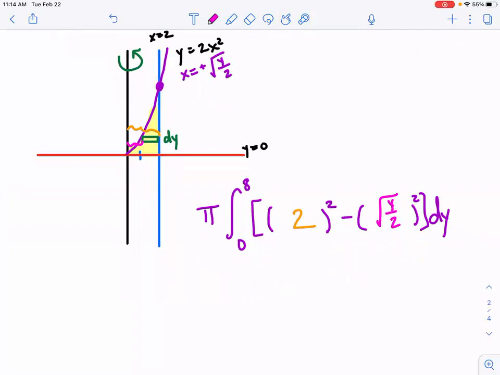Okay, help me out. That's 9. Don't worry about the pi until after your math.